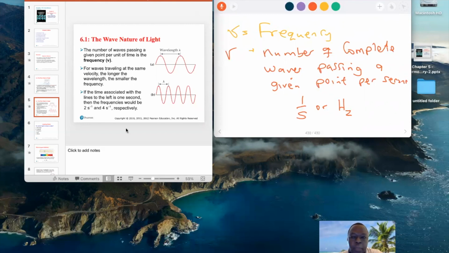The subscript here is the same as, you know, for math, when we denote this, it means the same thing. Hertz or per second is used for frequency.